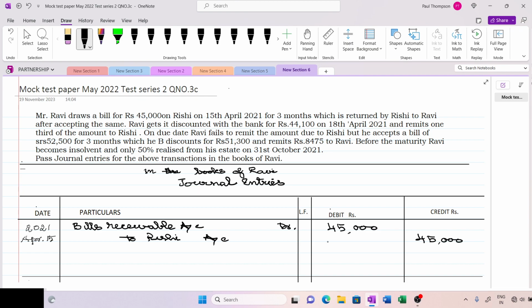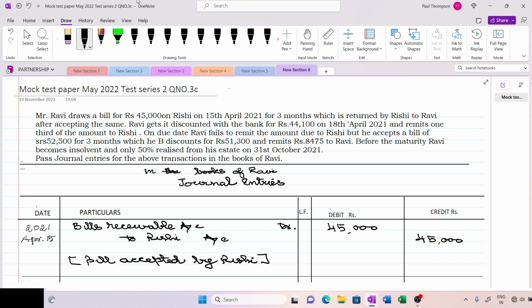You can write it, BR accepted by, bill accepted by Rishi. So now, first entry is over.